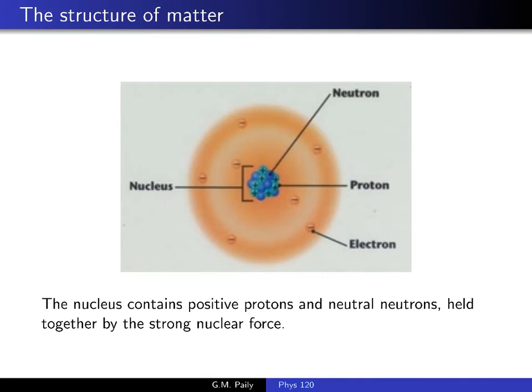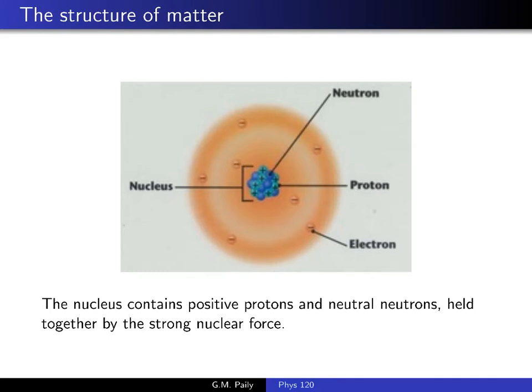The same element can have different isotopes. These isotopes differ in the number of neutrons that there are in the nucleus. For example, carbon occurs in both carbon-12 as well as the carbon-14 isotope.